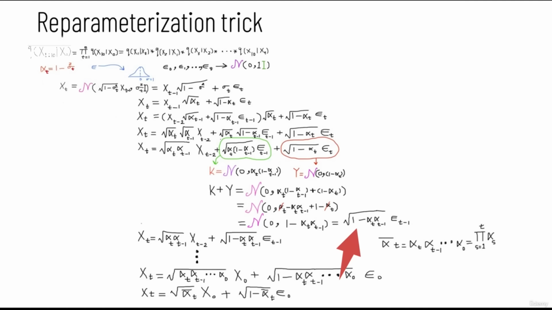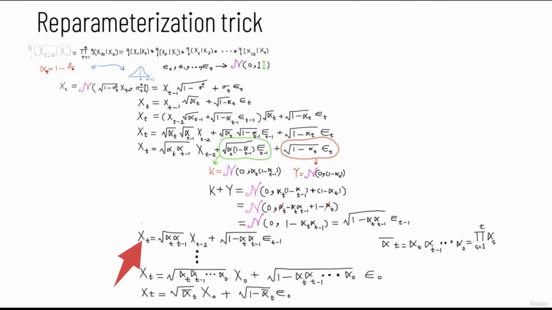Here the mean is equal to 0. And if we want to write it, we need just to put the standard deviation, which is the square root of the variance. So we will write the square root of 1 minus alpha t times alpha t minus 1 times epsilon t minus 1.